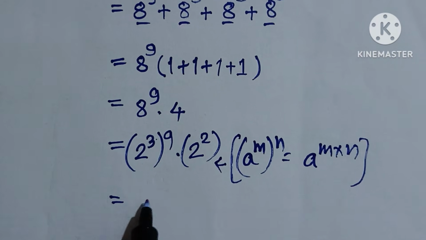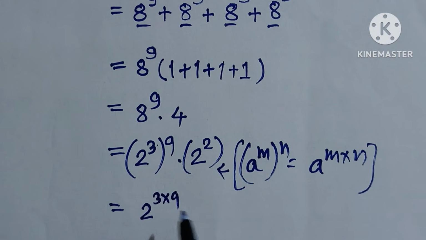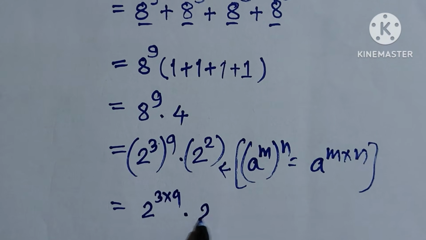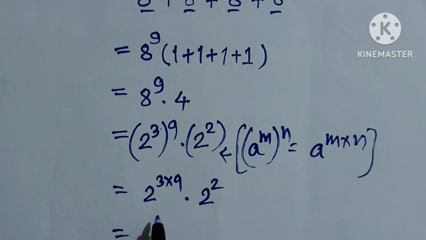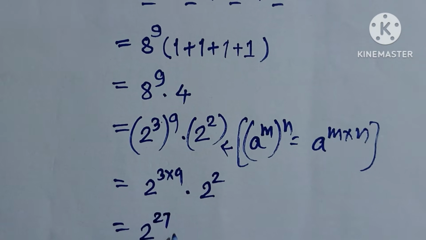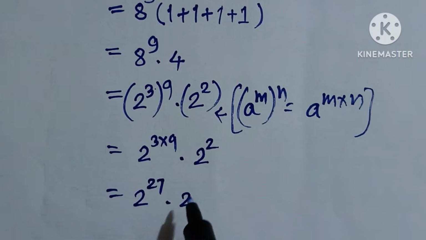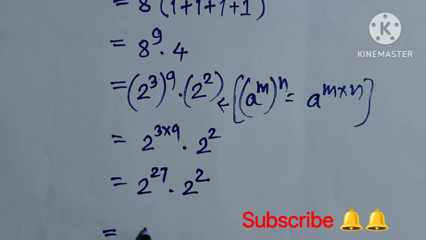Now 2 raised to power 3 multiply 9 into 2 square. Here we can write 3 times 9 is 27, 2 raised to power 27 into 2 raised to power 2. Here we can use a formula. Which formula?